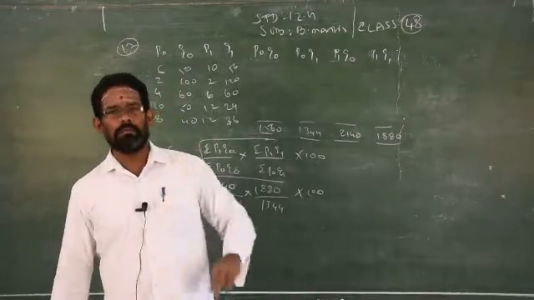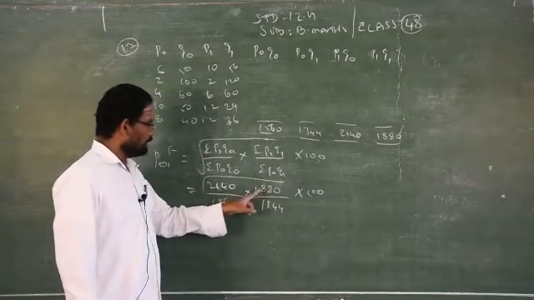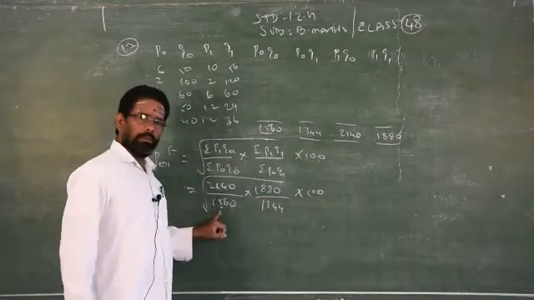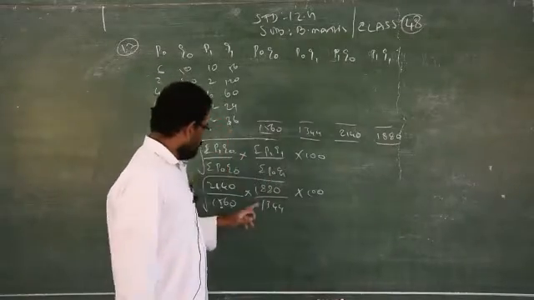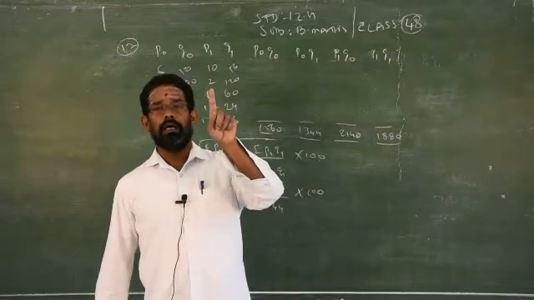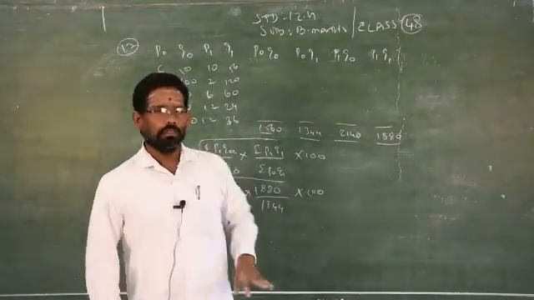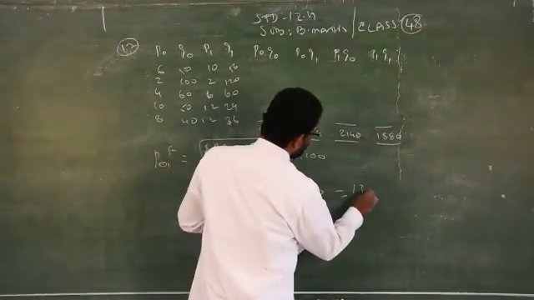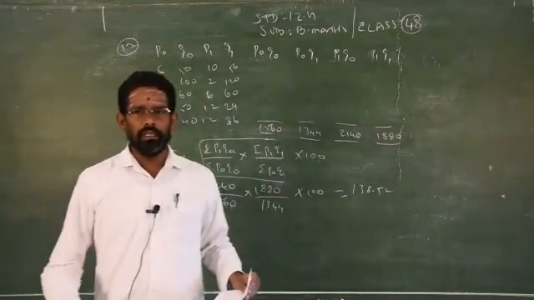To get accuracy, multiply the numerator first, then divide by the first denominator, then divide by the second, take the square root, and multiply by 100. If you do, you will get exactly 138.52. So this is your Fisher's ideal index number.